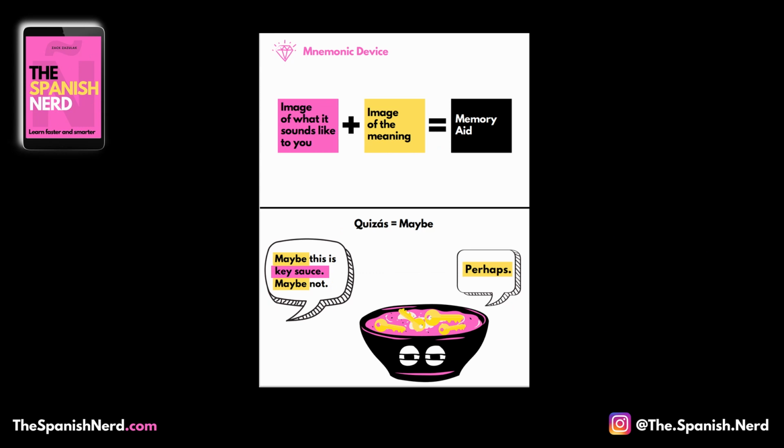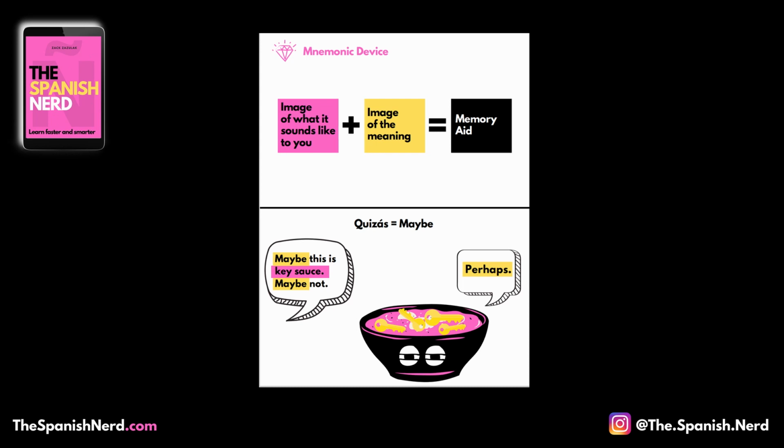Next page, we have another mnemonic device, or in other words, a memory aid. Remember the formula? We have it right here. An image of what it sounds like to you, an image of the meaning. We merge those two together and we create our memory aid. So let's look at the one below.